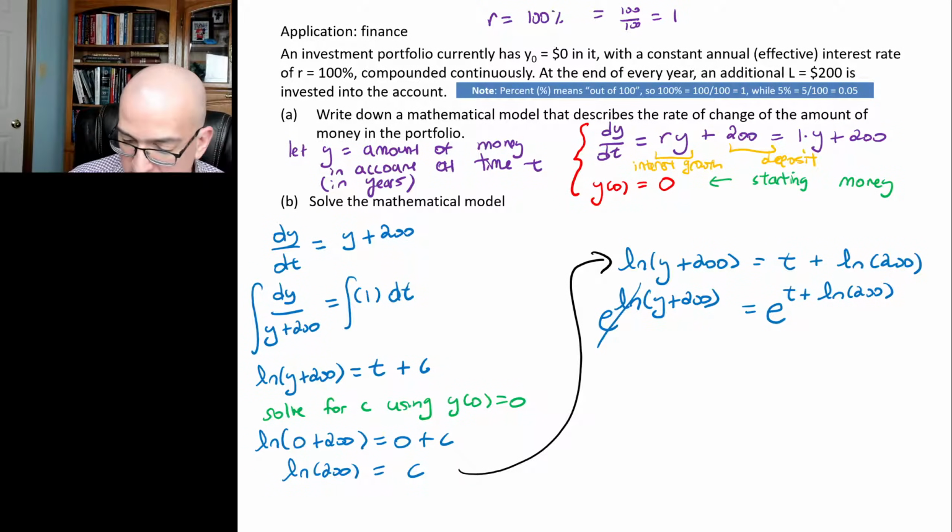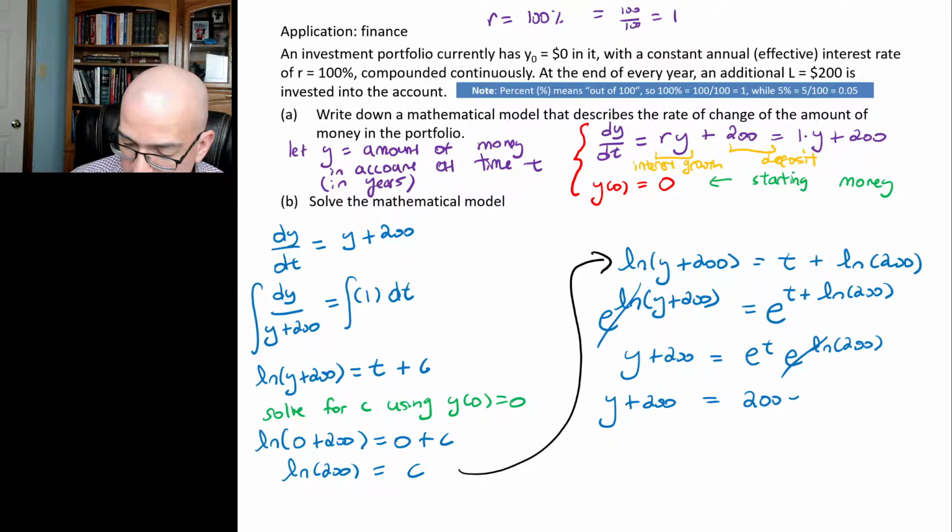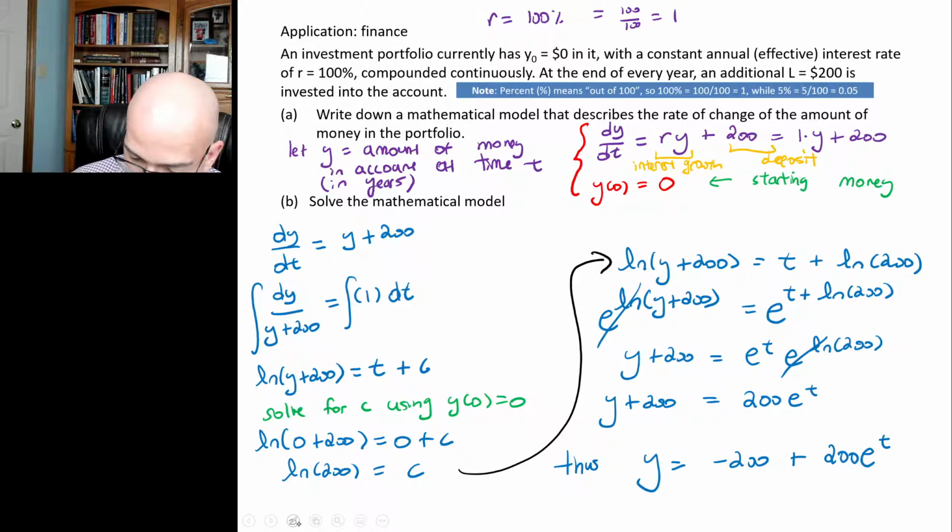I get a cancellation law on the left. y plus 200 is equal to e to the t times e to the ln of 200. I get a cancellation law there. So y plus 200 is equal to 200 e to the t. Thus, y is equal to negative 200 plus 200 e to the t. There's our answer.